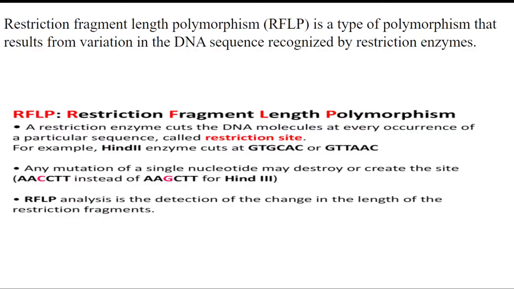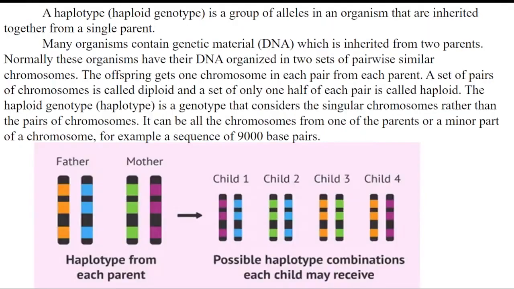RFLP analysis is the detection of the change in the length of restriction fragments. A haplotype is a group of alleles in an organism which are inherited together from a single parent. Many organisms contain genetic material which is inherited from two parents. Normally, these organisms have their DNA organized in two sets of pairwise similar chromosomes.